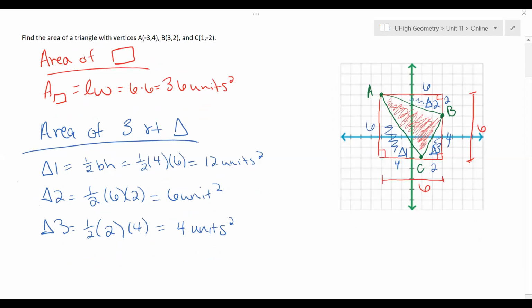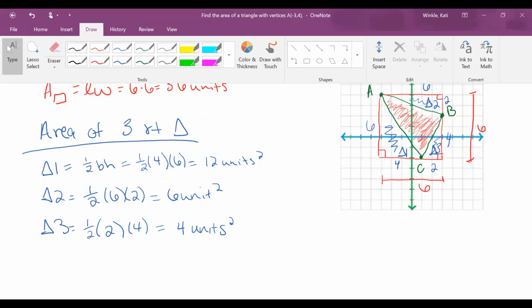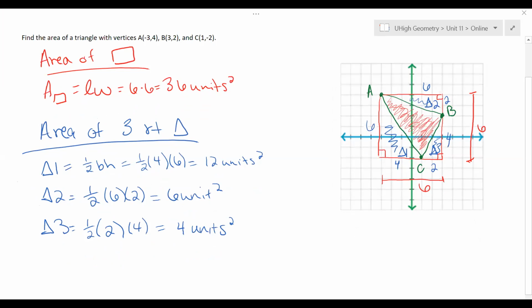So now I can use this information to find the area of triangle ABC.